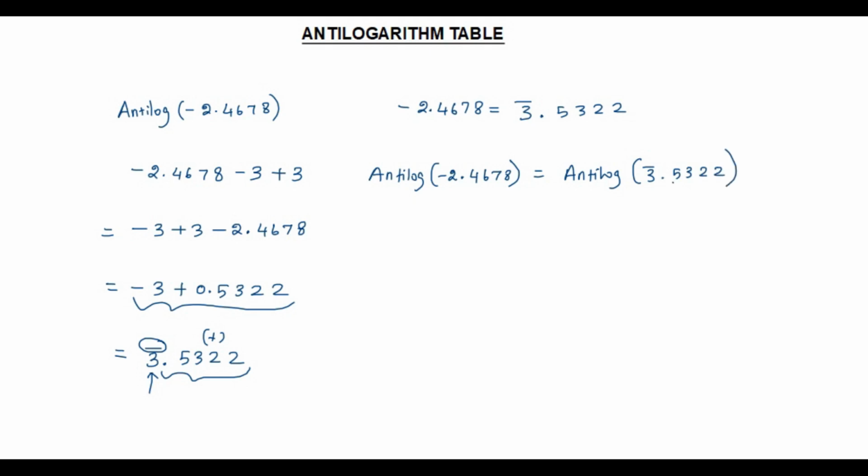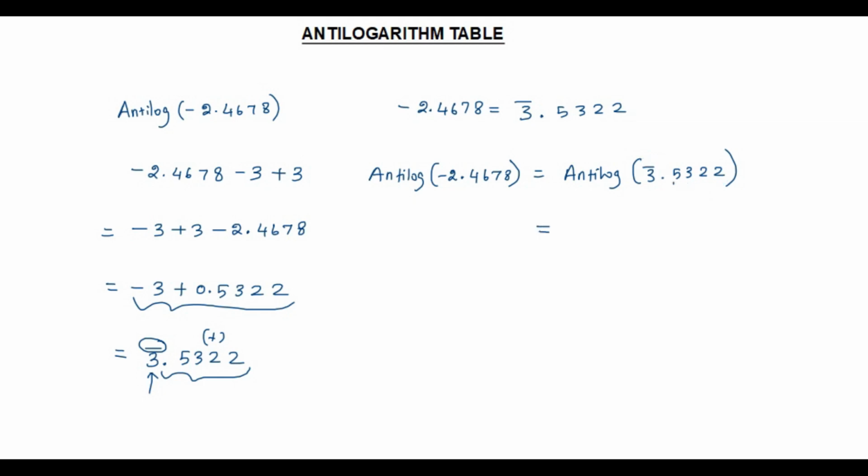Here, to get anti-logarithm for bar 3.5322, we consider only the digits after the decimal point, and the sign of the digits after the decimal point must be positive. Clearly here this fractional part is positive because we have negative sign only for 3.